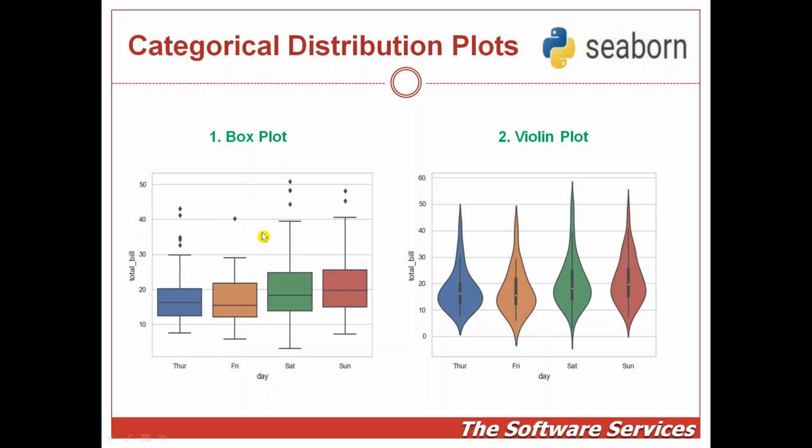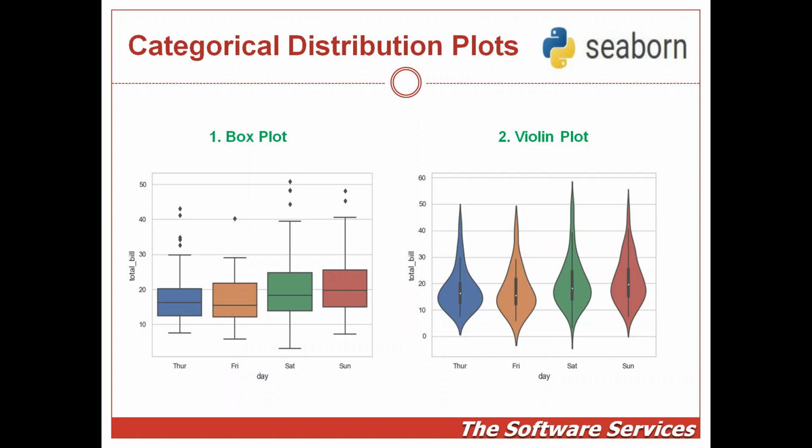So since it is also a categorical plot, one variable should be categorical in nature and the other variable should be numerical in nature. Okay, so the box plot draws the distribution as boxes. It will tell the distribution of data points.